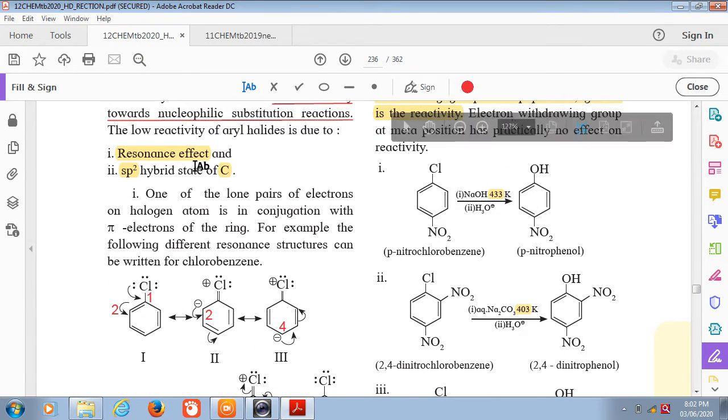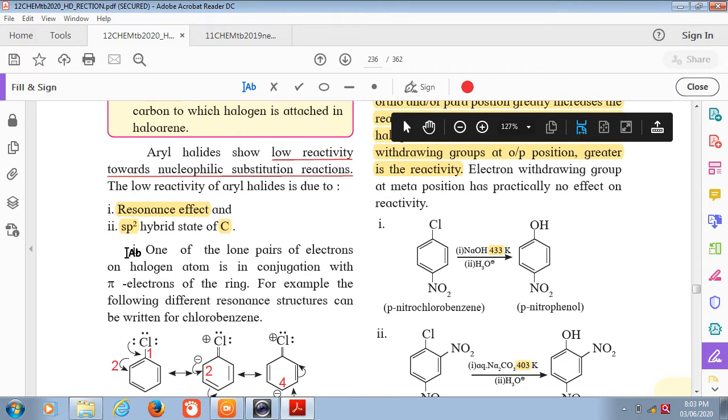If you observe this resonance effect, the carbon of this benzene ring is sp2 hybridized.